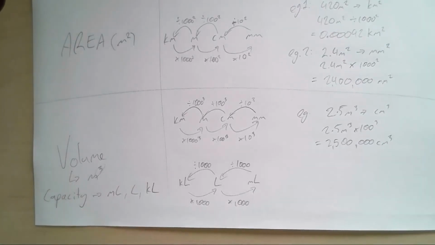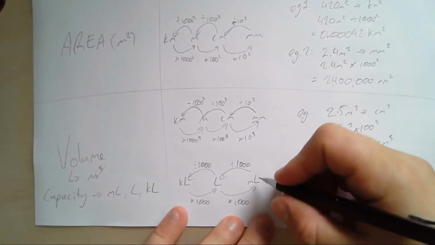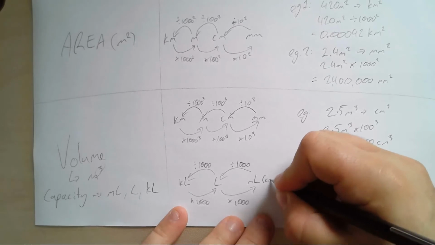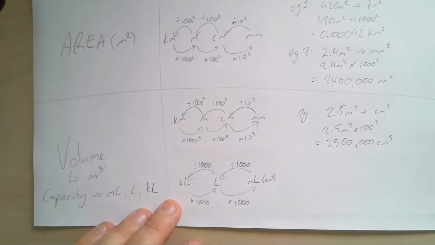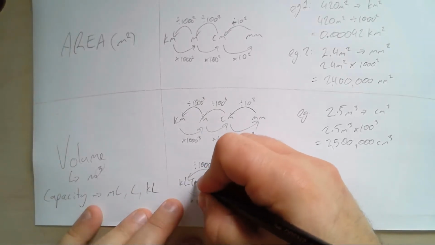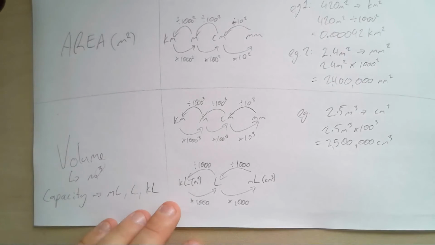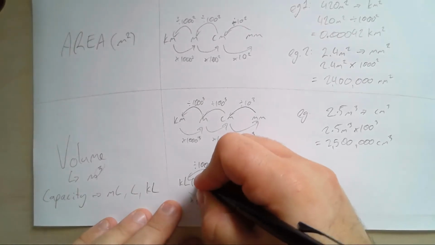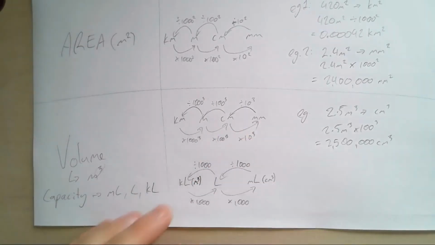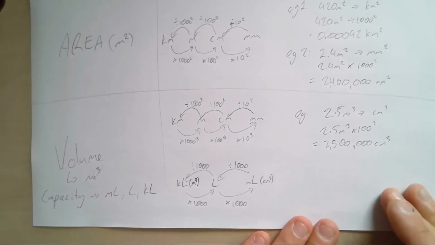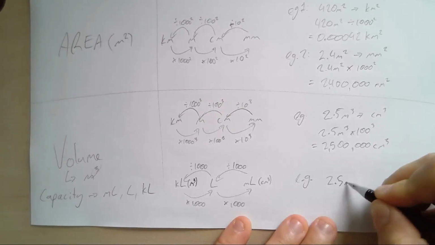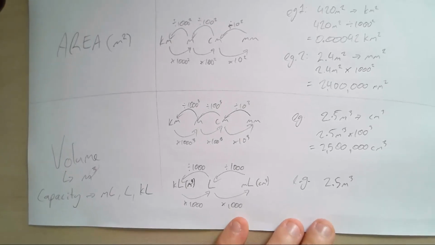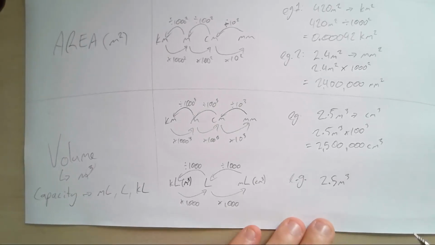And then something to remember: 1 milliliter is the same as 1 cubic centimeter, and 1 kiloliter is the same as 1 cubic meter.